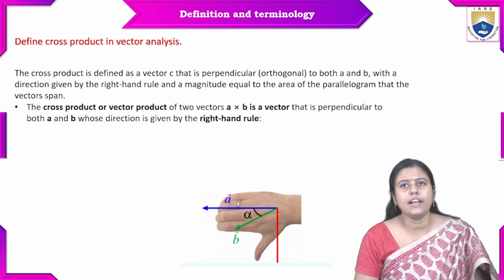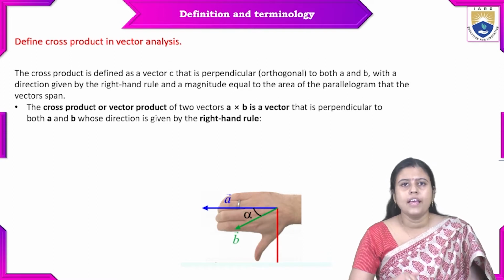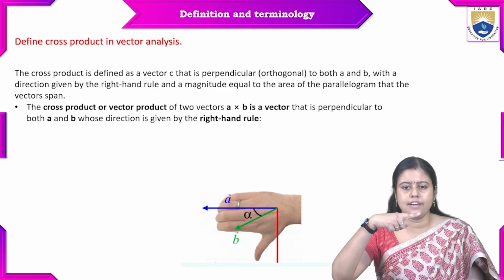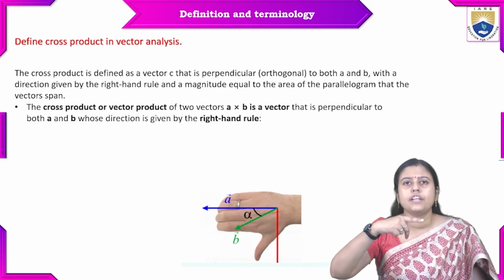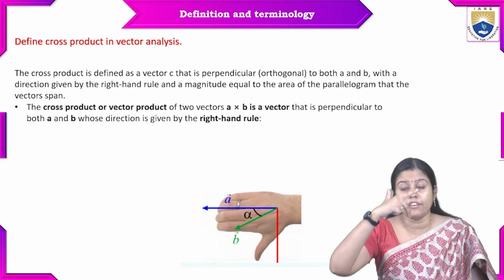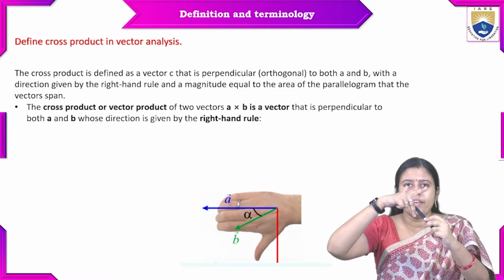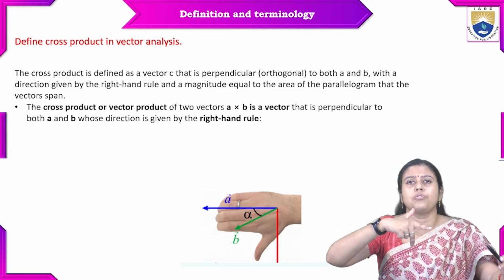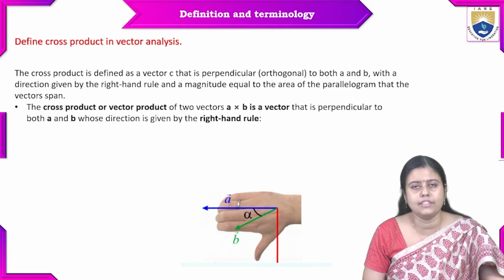And as I told earlier, it always follows the right hand rule. Right hand rule means if A is a vector and B is a vector, the thumb of the right hand will show the direction of the resultant vector.